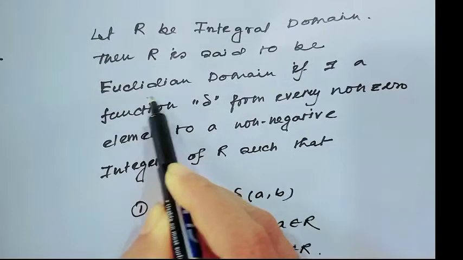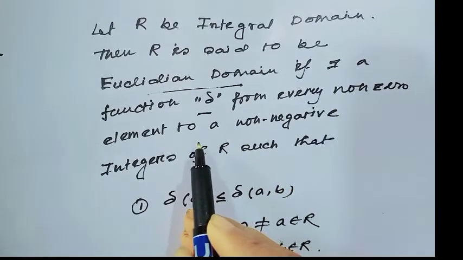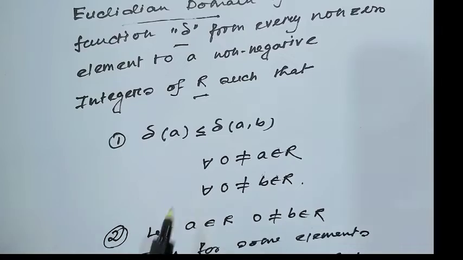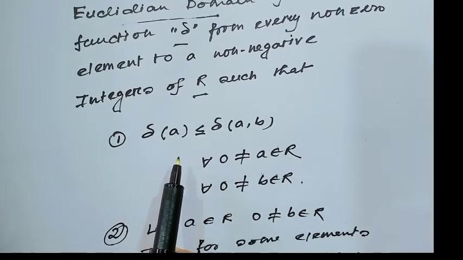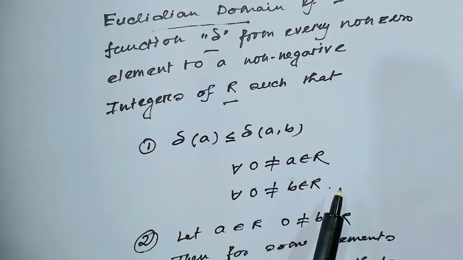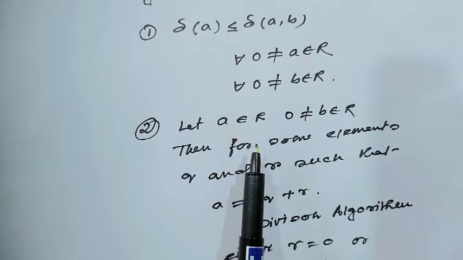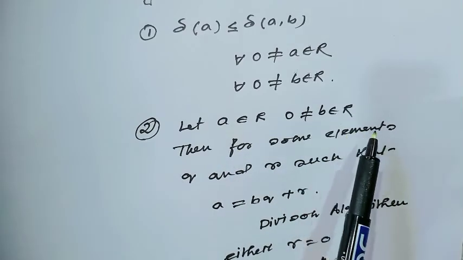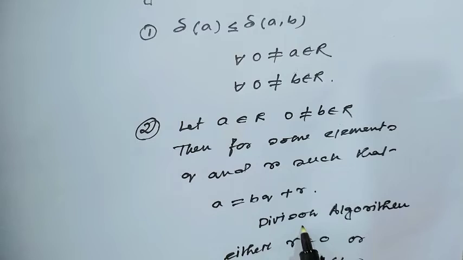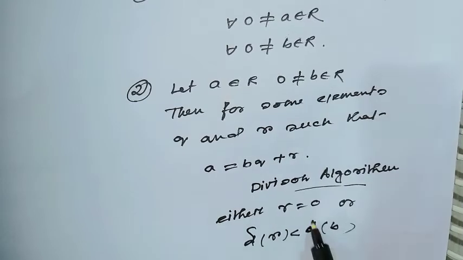Then R is said to be a Euclidean domain if there exists a function delta from the non-zero elements of the ring R to the non-negative integers such that condition 1: delta a is always less than or equal to delta ab, where a and b are both non-zero elements of the ring R; and condition 2, the division algorithm: consider an element a belonging to R and a non-zero element b belonging to R, then for some elements q and r such that a equals bq plus r, either r equals 0 or delta r is less than delta b.